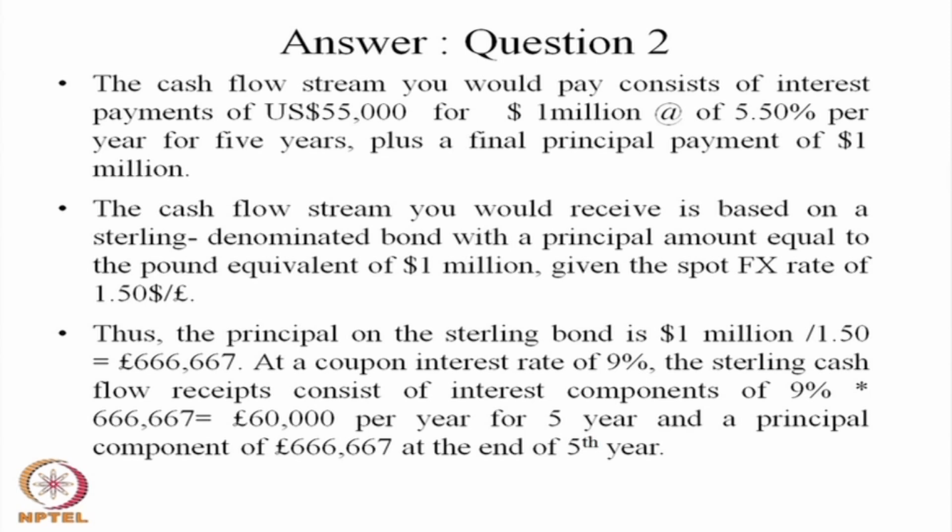So, 9% of that is 60,000 pound sterling for 5 years, and the principal amount is at the 5th year. So, there are two parties and two different transactions, one involved in pound sterling, another involved in the US dollar.